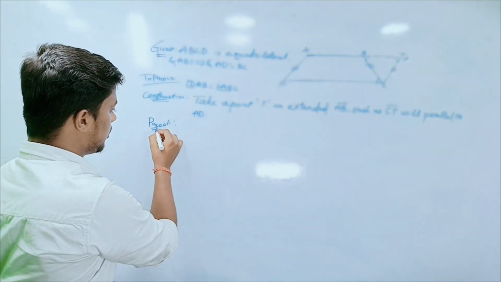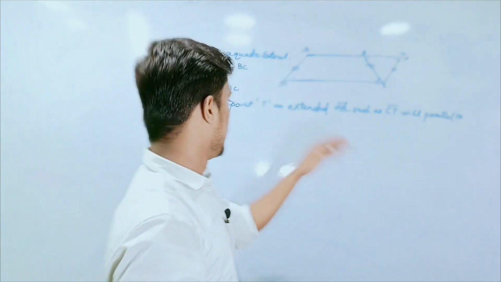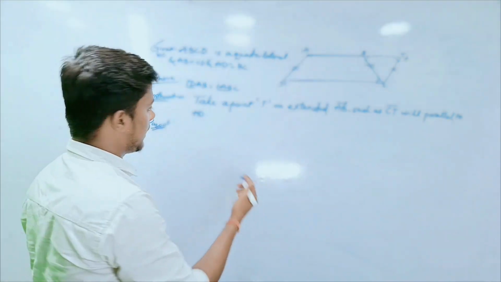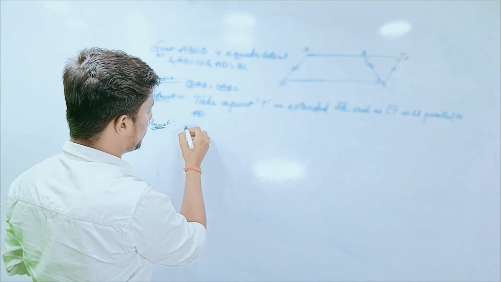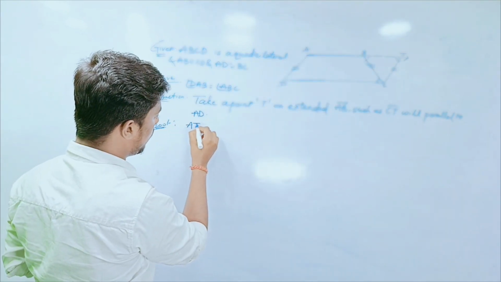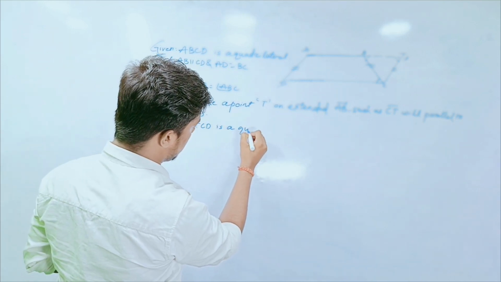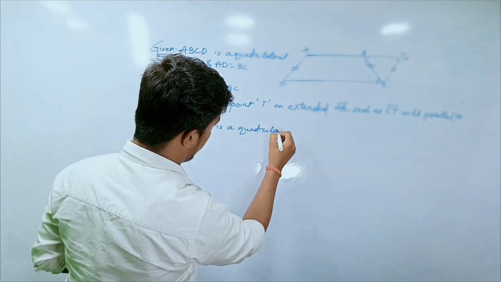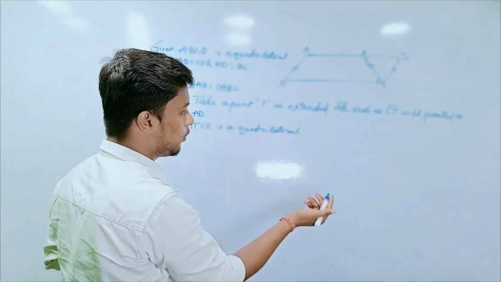For writing this, you have to gather all the data that helps you solve it. First you have to prove that ATCD is a parallelogram. You will know that ATCD is a quadrilateral because it is a closed figure and it has only four sides.